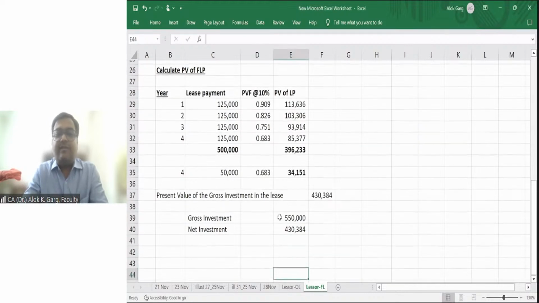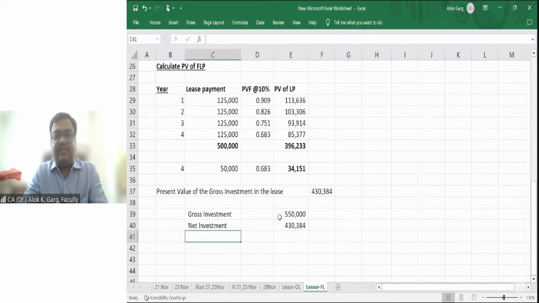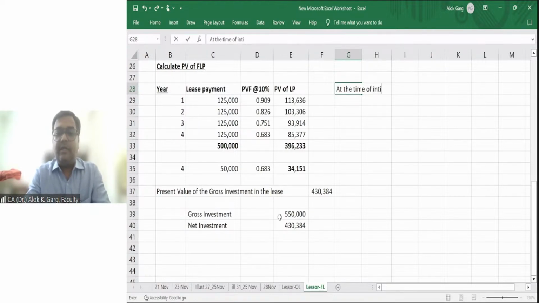At the time of initial recognition, the finance lease receivable has to be recognized on the basis of net investment. That is as on 1st April.